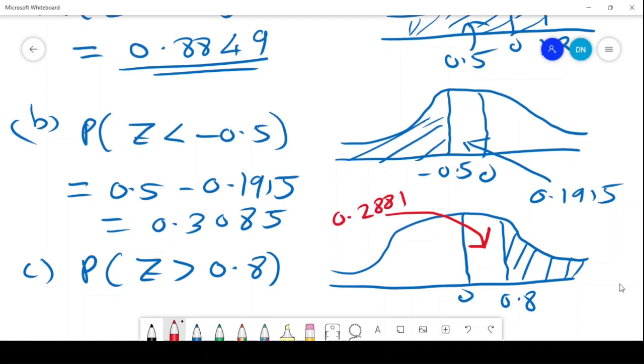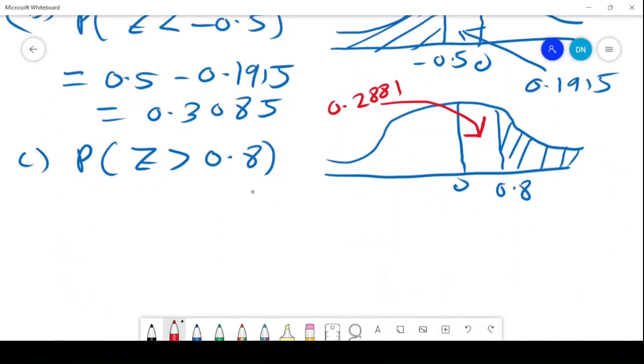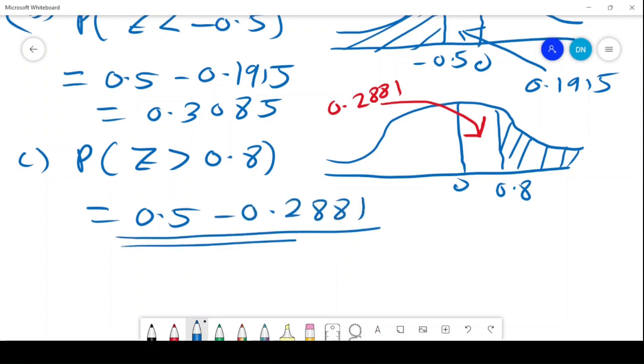So for me to be able to get the shaded part, it will be equals to 0.5 minus 0.2881, and that will give me the value of the part that I'm interested in.